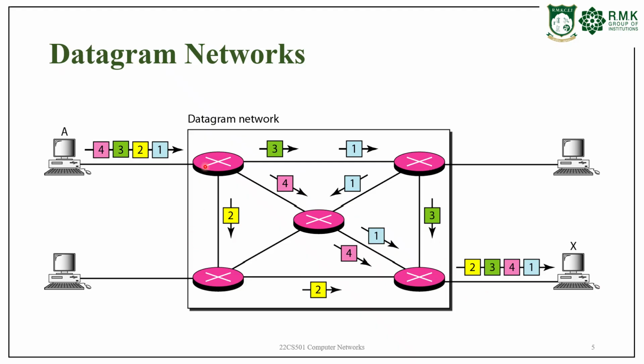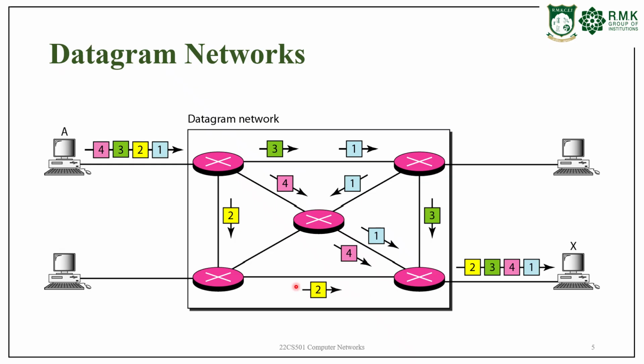Here, another path is this router to this router, this router to this router, and destination. And here, this path, the same thing, this router to this router, this router to this router, and this router to this router. So we are having so many paths.